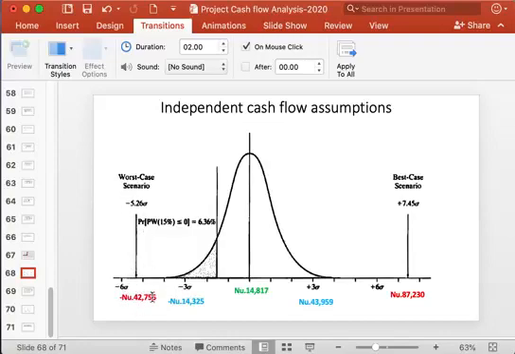So the probability of the net present worth of 42,755 is almost equal to 0. So the probability is almost 0, or we can say that this is not possible.